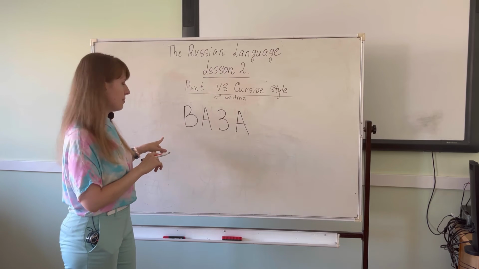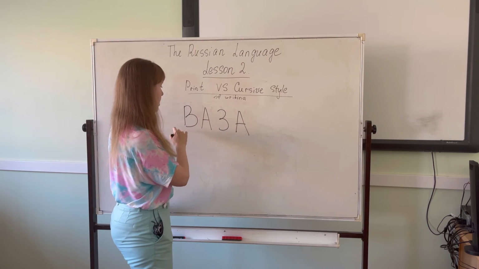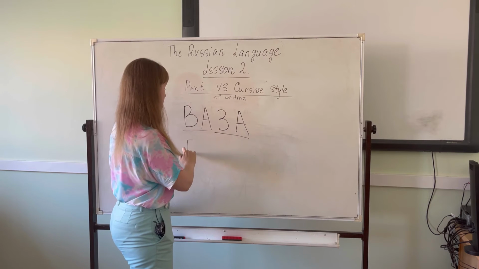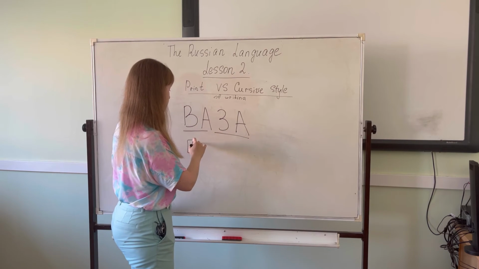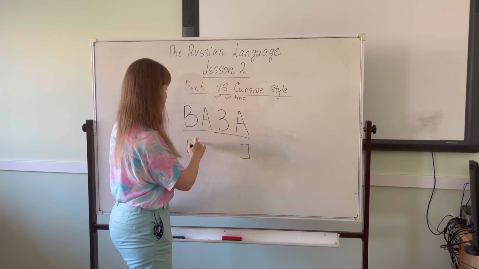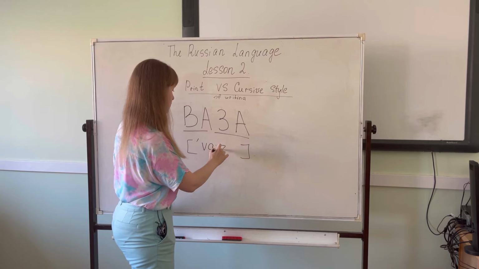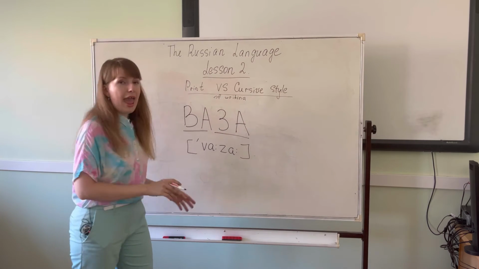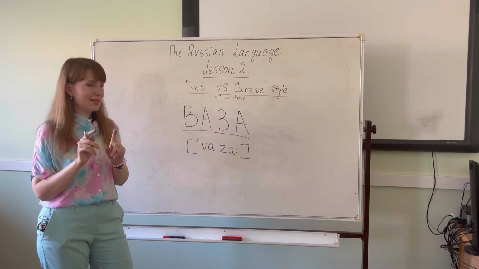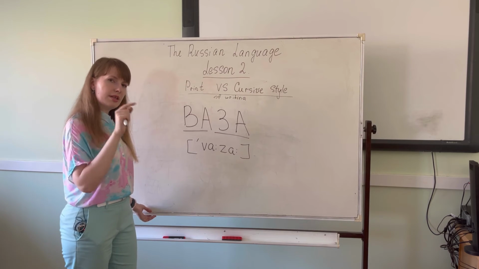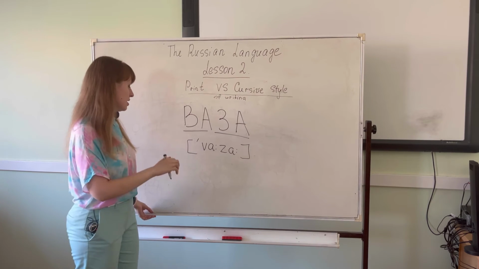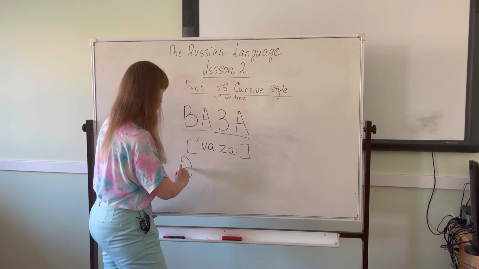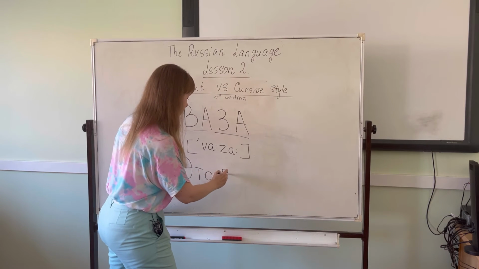So just keep the way I'm pronouncing it. Vaza. I will make a transcription, vaza, something like that. And again, do you remember? What do we need to make it a bit indicating? Using what demonstrative pronoun? Это ваза.